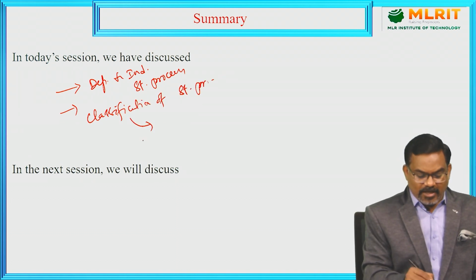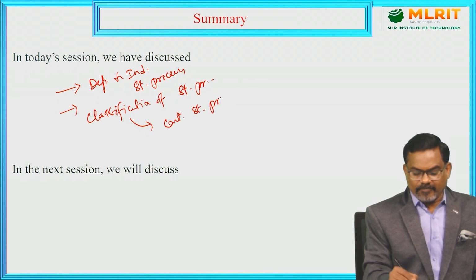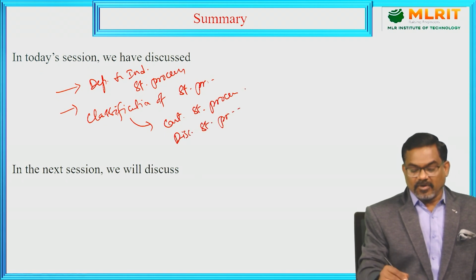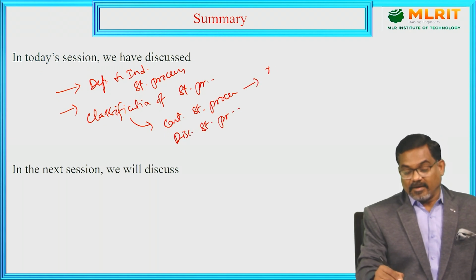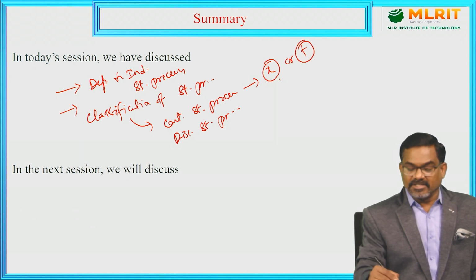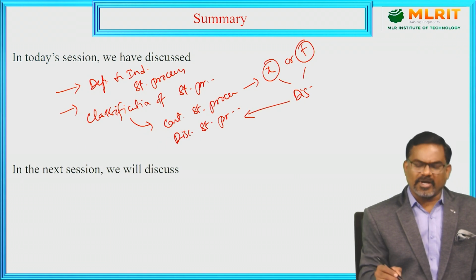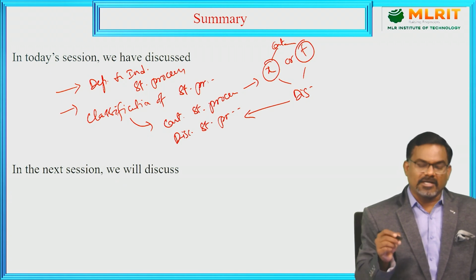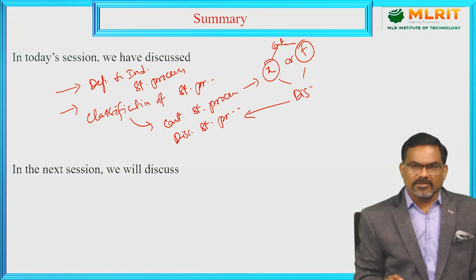So, there are two types, continuous stochastic process and discrete stochastic process. So, if either the random variable or the time t, if any one is discrete, then that comes under discrete stochastic process. If both are continuous, then it comes under continuous stochastic process.